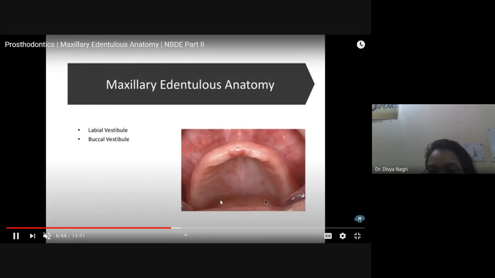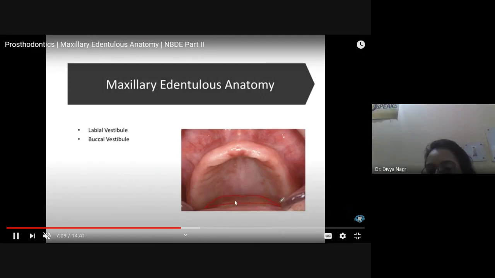And this complete area that you can see, this is your posterior palatal seal. Now you can see the line is being marked. This is the red line, and it extends from one hamular notch to the other hamular notch.